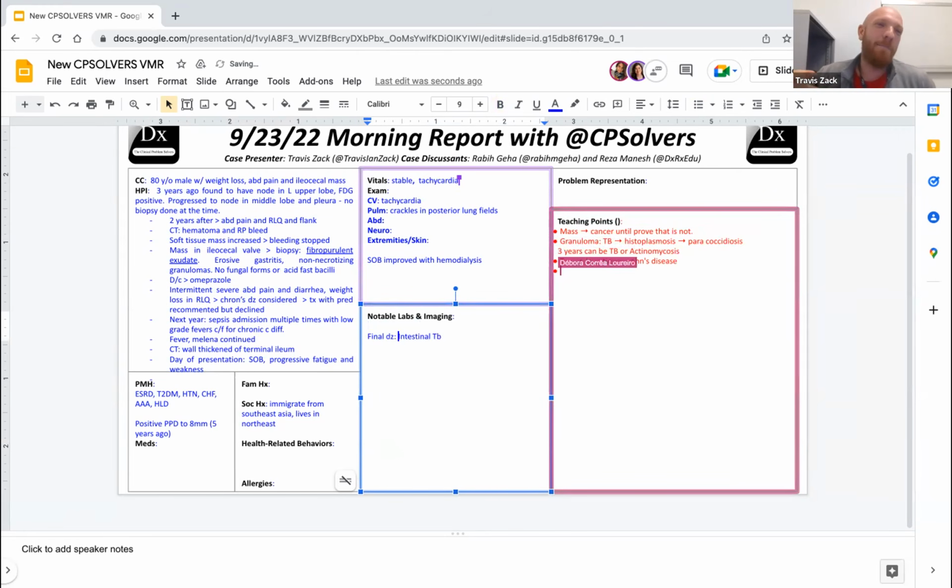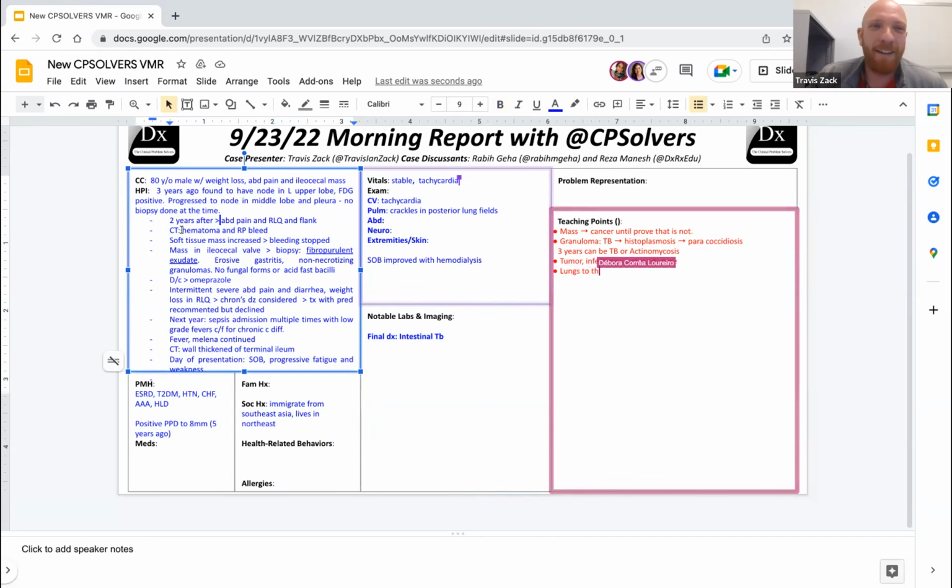Now, you could say maybe this was a small intestine tumor that then metastasized to the lungs, but the ileocecal valve isn't a common place for these kind of tumors, and going to the lungs without other kind of widespread signs of disease and then a negative biopsy would be super rare, right? So I think you were right on in dismissing, looking for other sources of a mass given the negative biopsy.